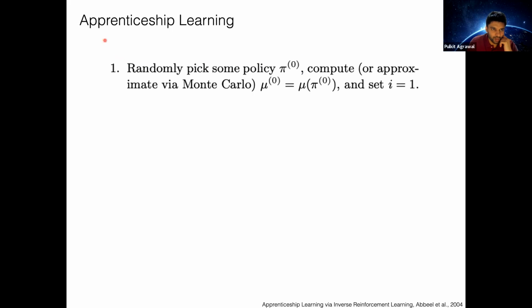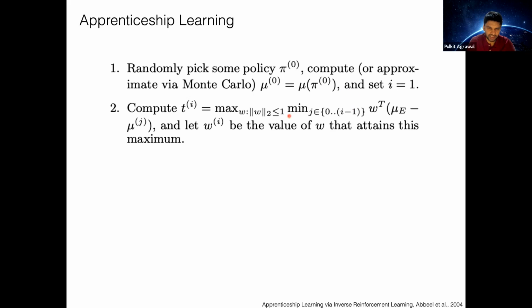Now, this is what was popularized by the paper Apprenticeship Learning, published by Pieter Abbeel back in 2004. So let's look at algorithmically how it works. Initially, we have a random policy, and we execute this random policy multiple times or a single time, and we find the feature expectation.